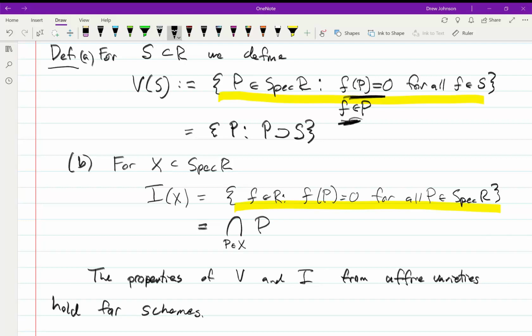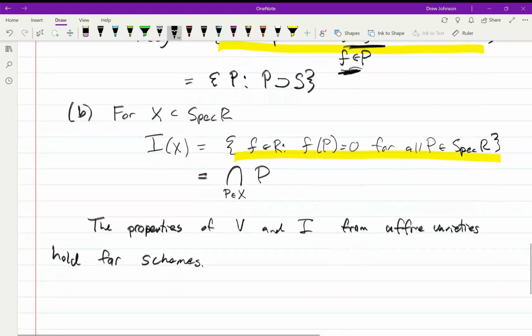In particular, the properties that made it so we could define a topology using V of S as the closed subsets hold. So we're ready now to define the Zariski topology.